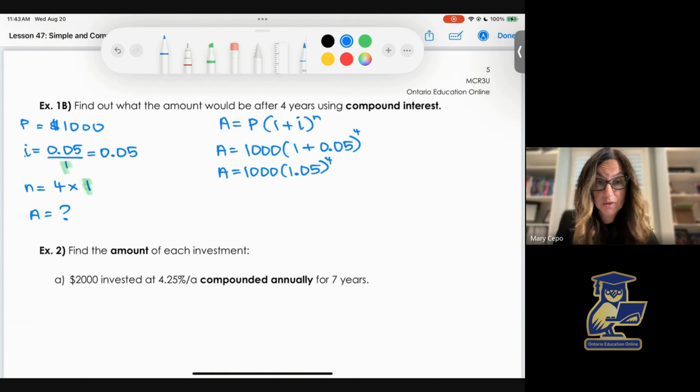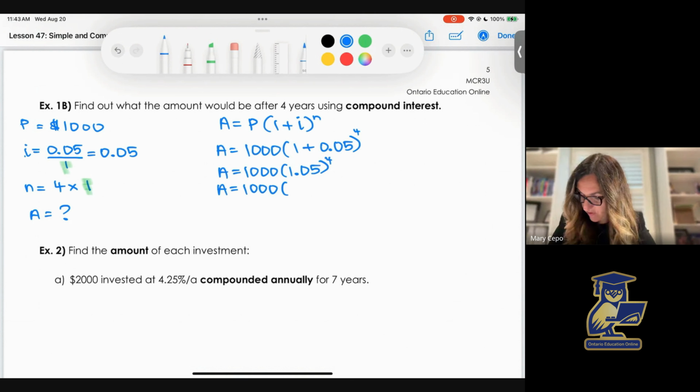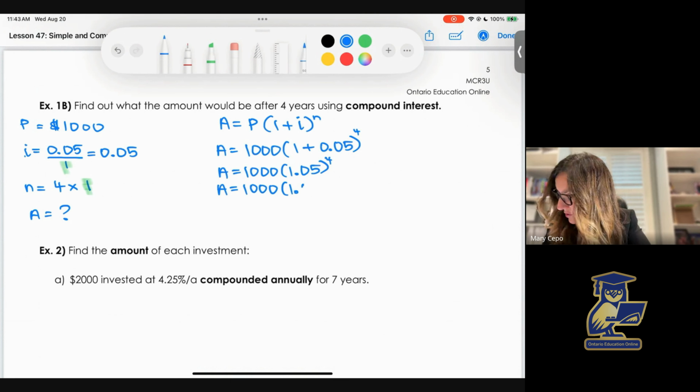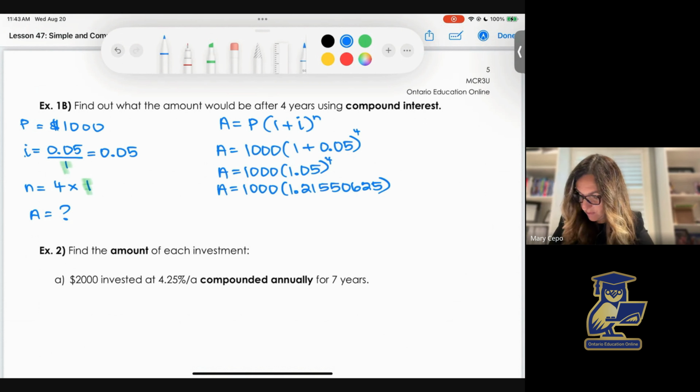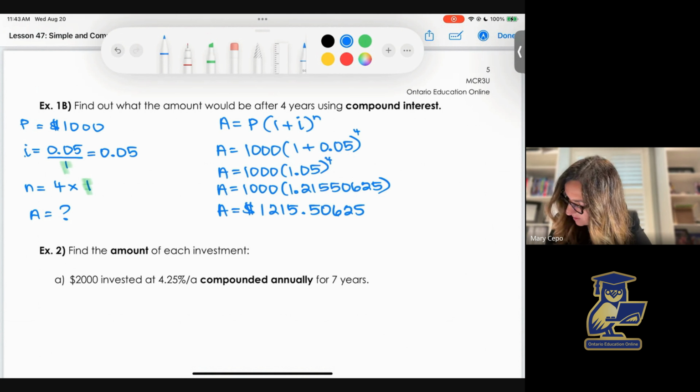Keep in mind, always following BEDMAS. We did brackets, next would be exponents. So amount is going to equal 1,000 times 1.05 to the exponent of 4, which is 1.21550625. Multiplying that by 1,000, remember it's money, so we're rounding to 2 decimal places: 1,215 point, because it's 0.625, rounding properly, would be 51 cents.